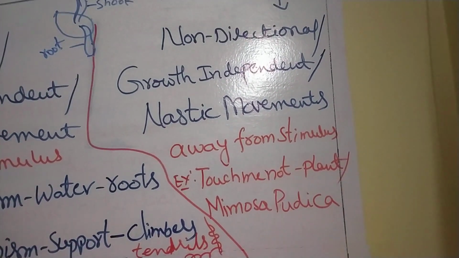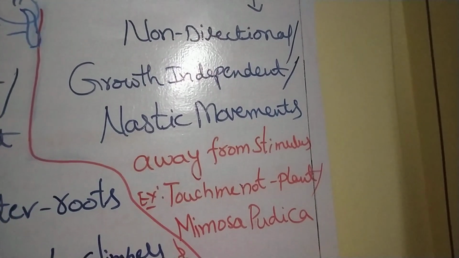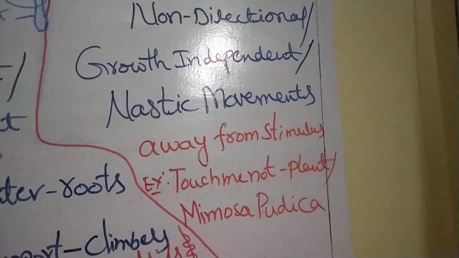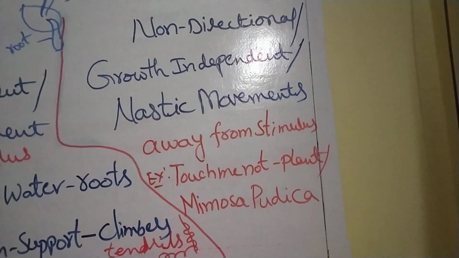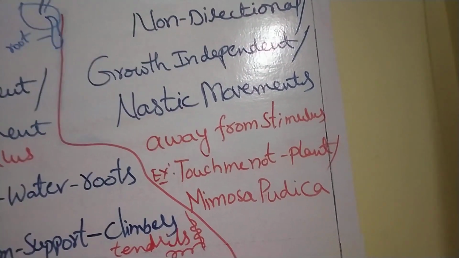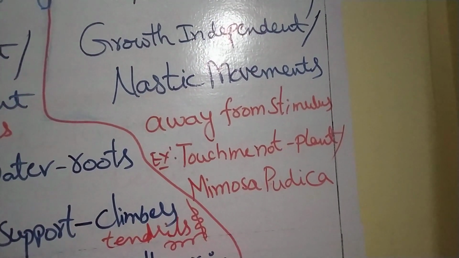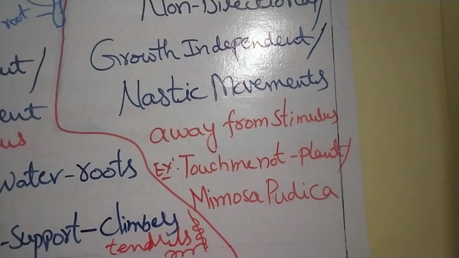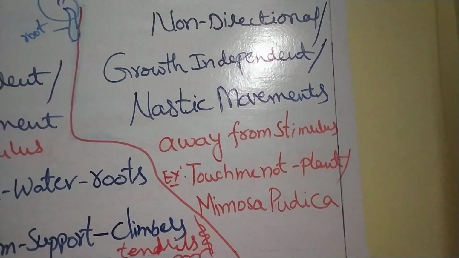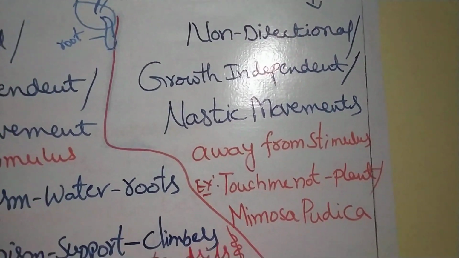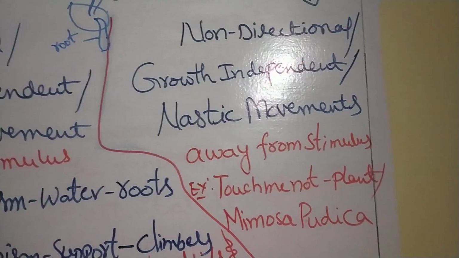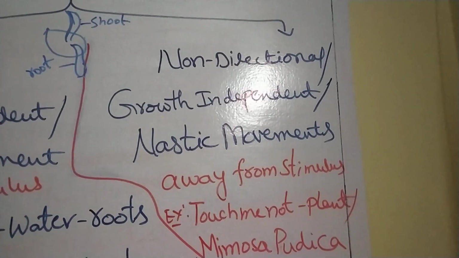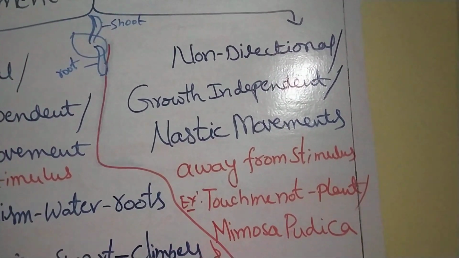The best example for nastic movements is the touch me not plant. If you touch its leaves, they immediately fold toward the stem. These movements are not useful for the growth of the plant. That's why they are called growth independent movements.